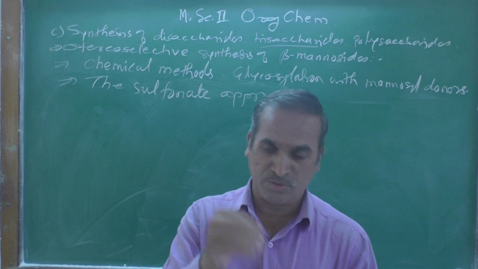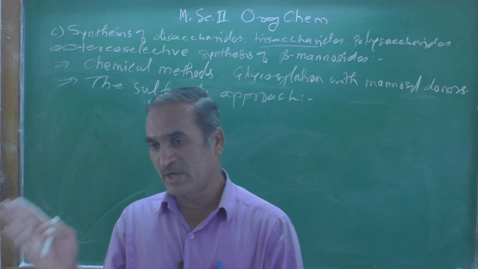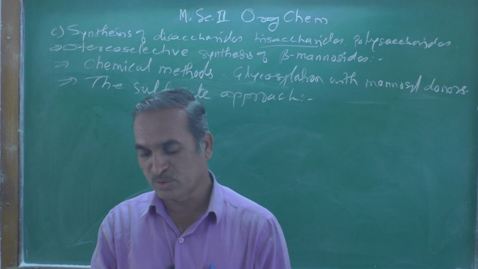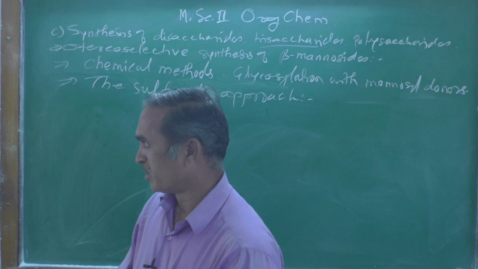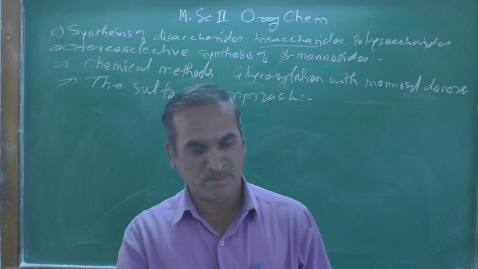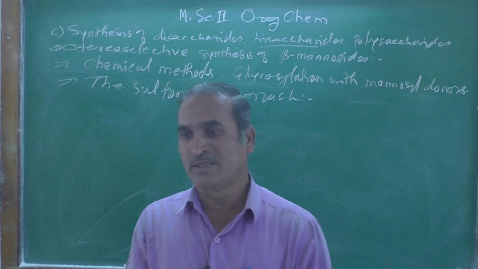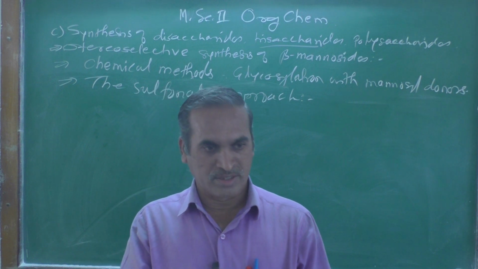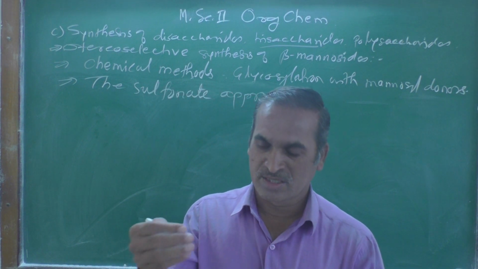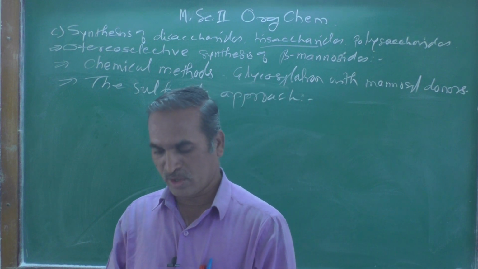Because sulfonate is a good leaving group as compared to bromide, and therefore the logic behind it is to increase the simplicity as well as the yield of the product.